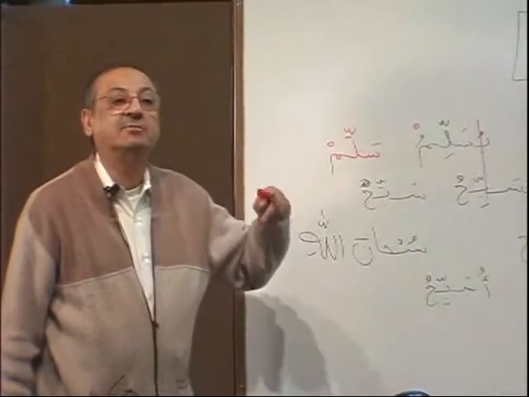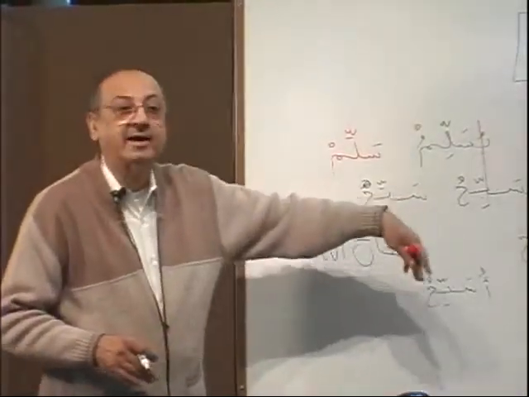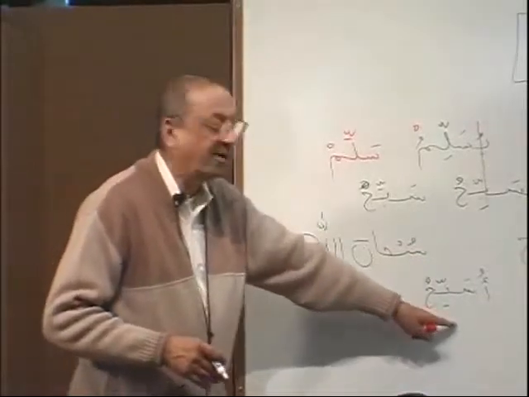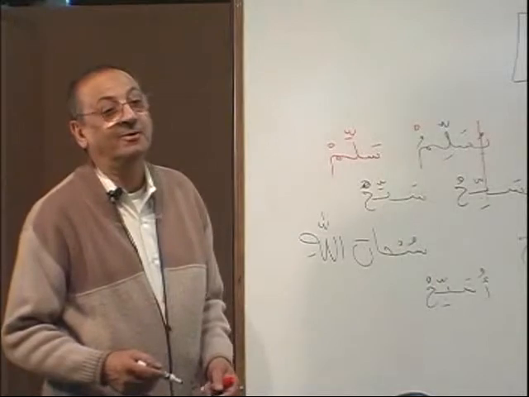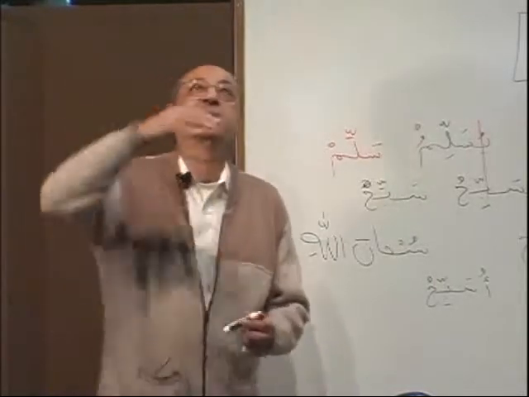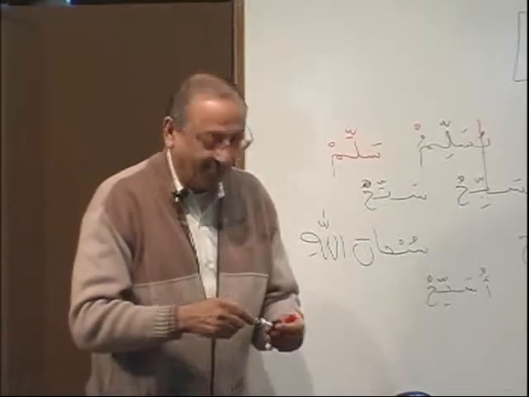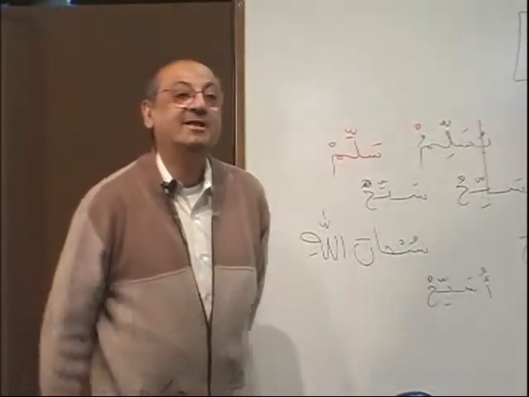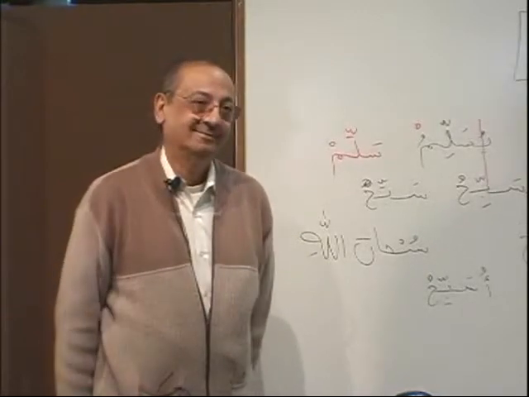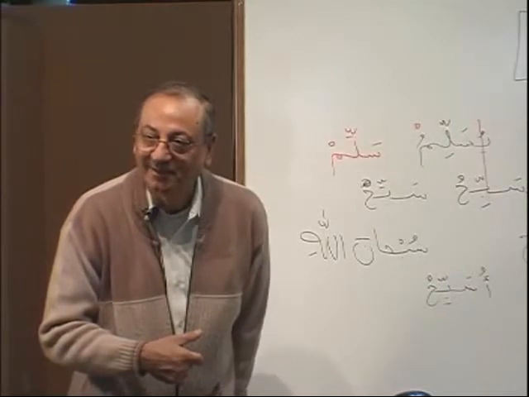And when we study maf'ulun mutlaq in greater detail, we will understand why and how. But the verb is this, brother. What is the verb? Usabbihu. I mean, I keep His name high and above from what people are associating with Him. That is the meaning of Subhanallah. Usabbihu Subhanallah. Are you with me?